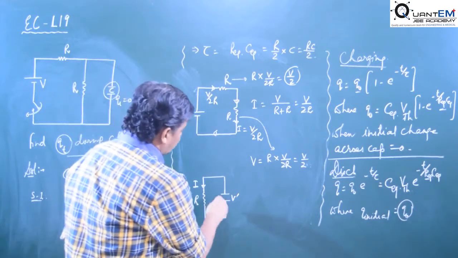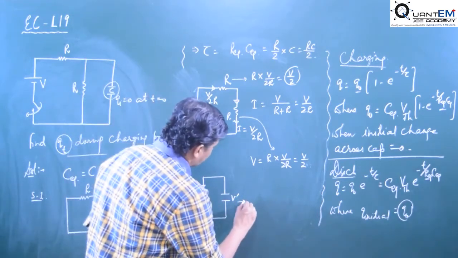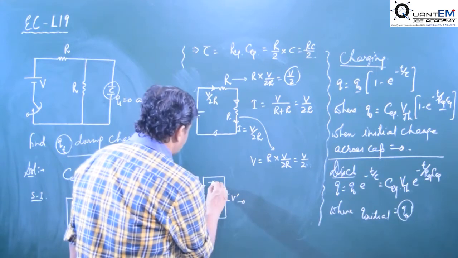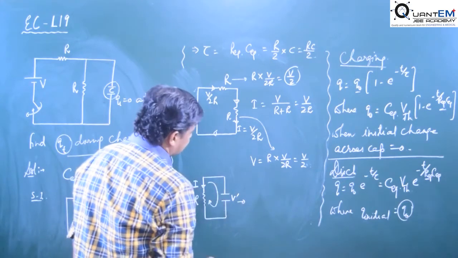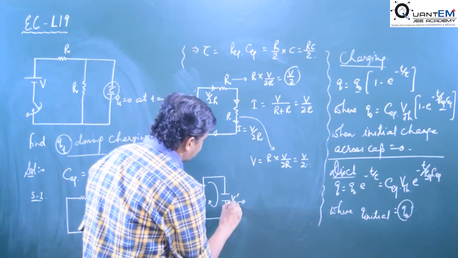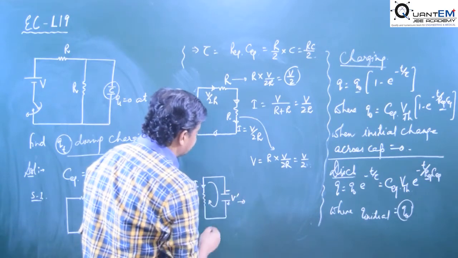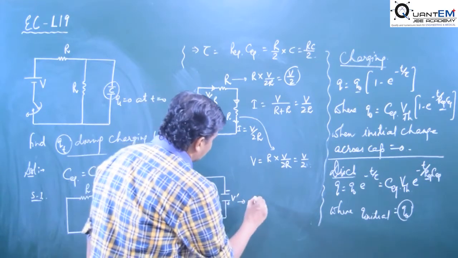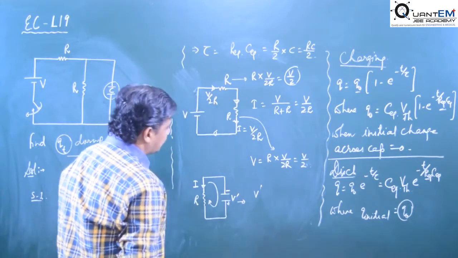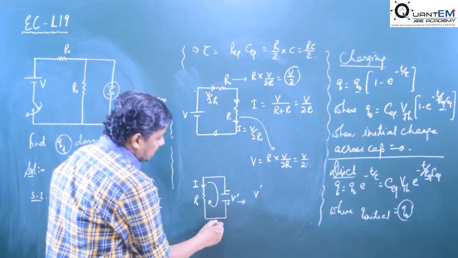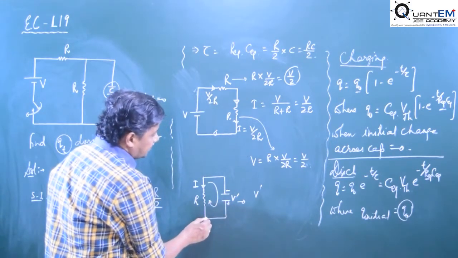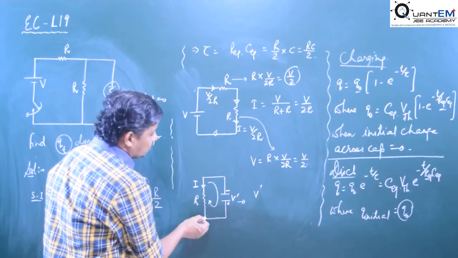So use Kirchhoff's loop law. Suppose this plate is positive and this plate is negatively charged. So negative to positive, V dash, and again you are coming from the low potential end to the high potential end.